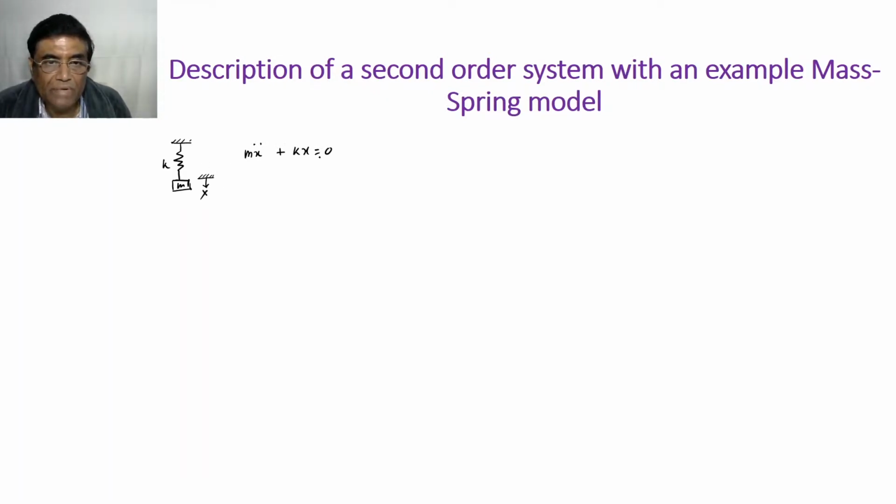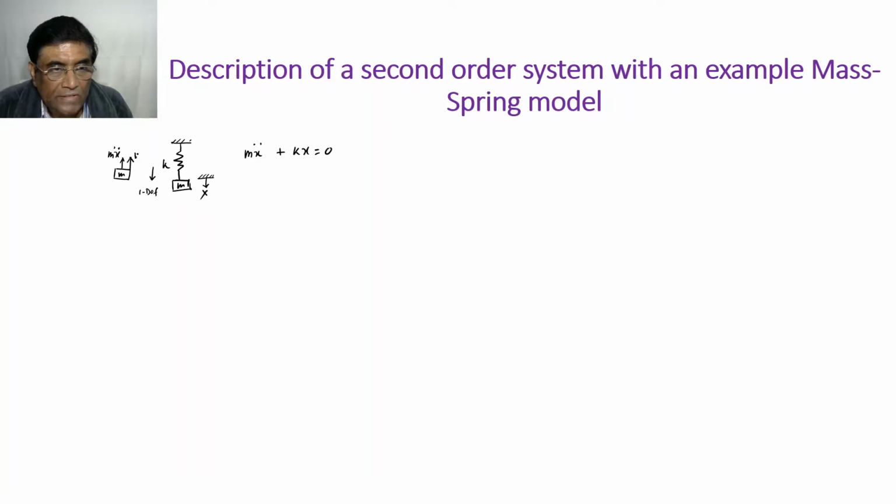That is, apply D'Alembert's principle, draw the free body diagram. For those who are seeing this for the first time, I will tell you, this is an inertial force, and we are considering here a single degree of freedom system. Okay, single degree of freedom system. X is the displacement.